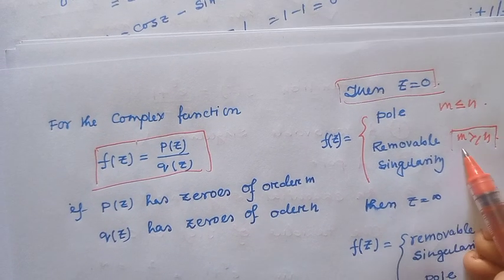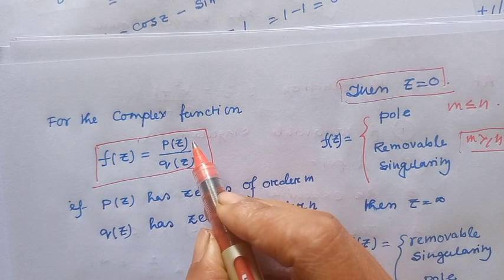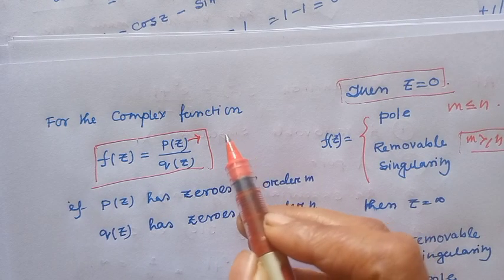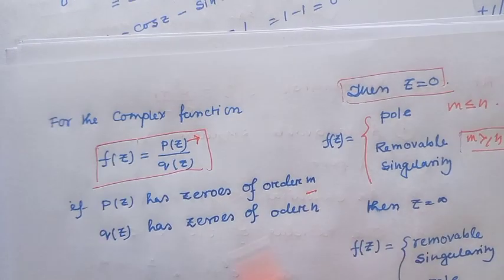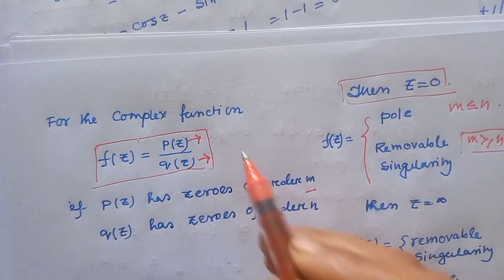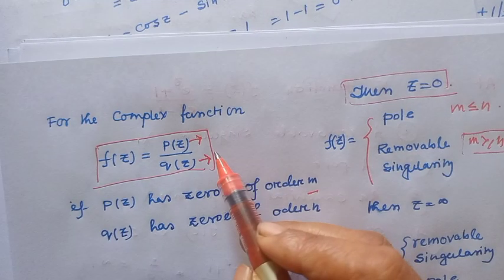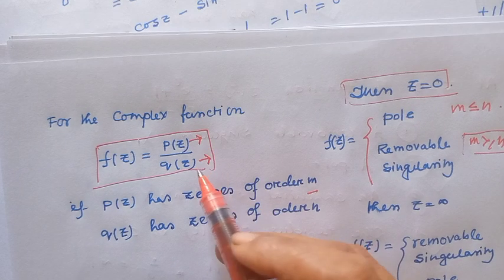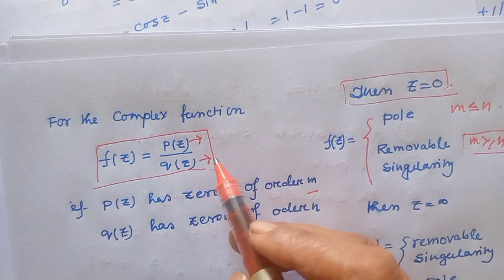Here m is the order of zeros of p(z) and n is the order of zeros of q(z).